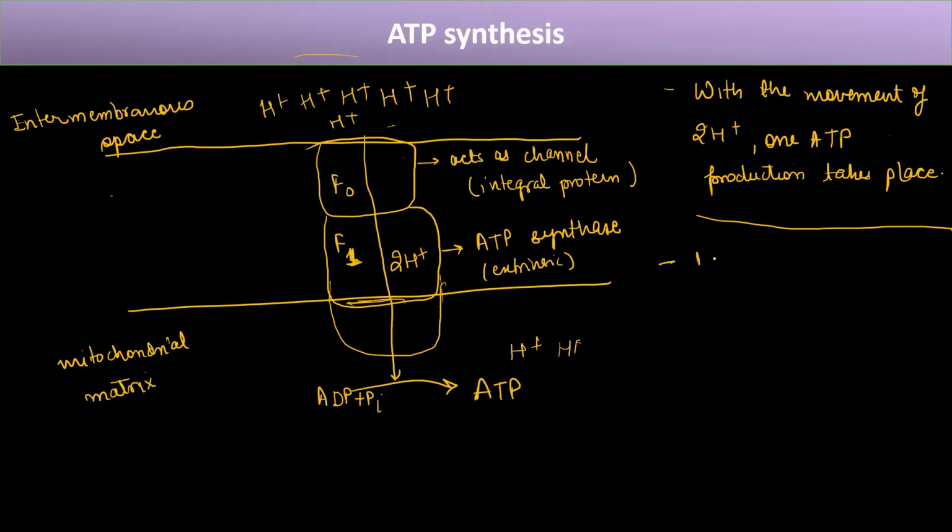So here we can write that NADH leads to 6 hydrogen ion pumping from the mitochondrial matrix to the intermembrane space, and that will ultimately come back, and when it comes back, it will lead to formation of 3 ATPs.